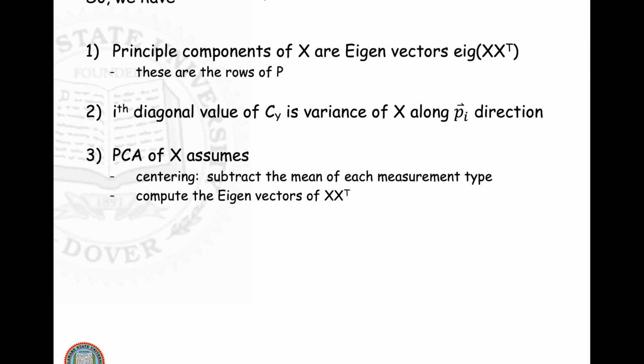That means you're going to subtract the mean of each measurement type, and then you compute the eigenvectors of X X transpose for that centered data, and then you use the eigenvectors that you get as a result of the eigendecomposition, that diagonalizing of this covariance matrix in X system, as your P matrix. And those are just the eigenvectors P1 up through PM.